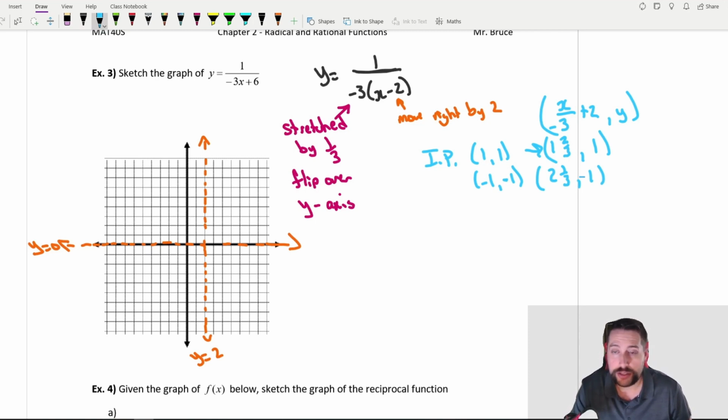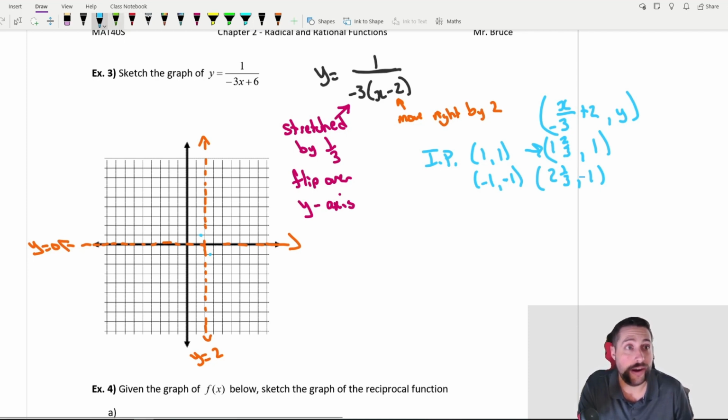So x is 1 2/3, about there. And your other invariant point will be down here at x equals 2 1/3. Those are our new invariant points.